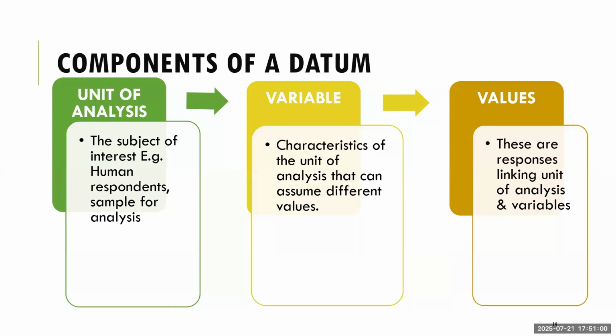And then the variable, it's the characteristic of interest. So that thing in the unit of analysis that is of interest that you can measure, that is the variable. So for the two examples I've given, the weight will be the variable, or the sugar levels will be the variable.